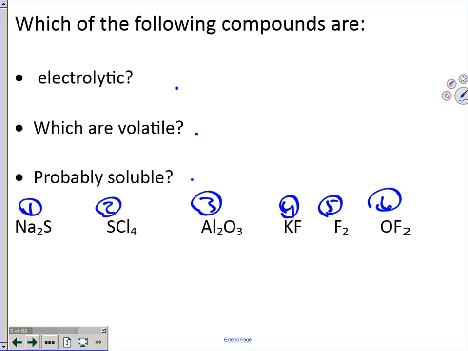Electrolytic, volatile, and probably soluble. Like probably water soluble. There's some rules beneath the rules I've told you.